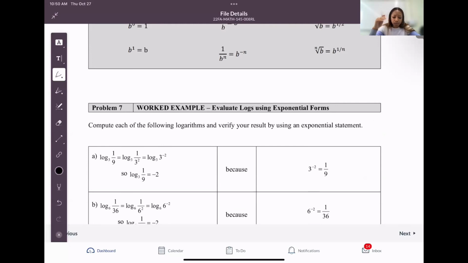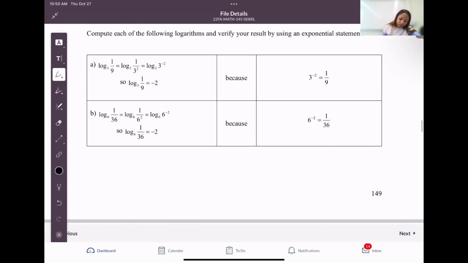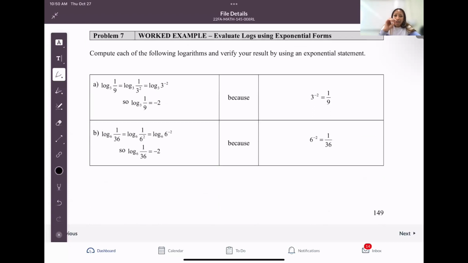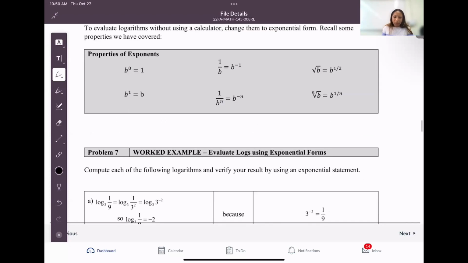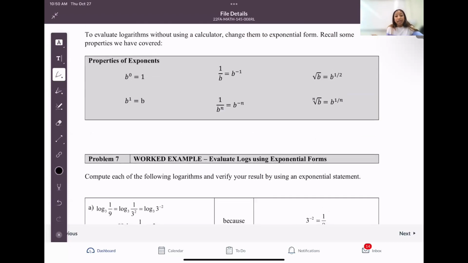But in this example, we're going to practice evaluating logarithms. What's evaluating logarithms? So far, we've seen logarithmic equations that have already been evaluated for us, but sometimes they aren't. Like I can give you a logarithm like log base 9 of 81, and I want you to tell me what this is equal to.